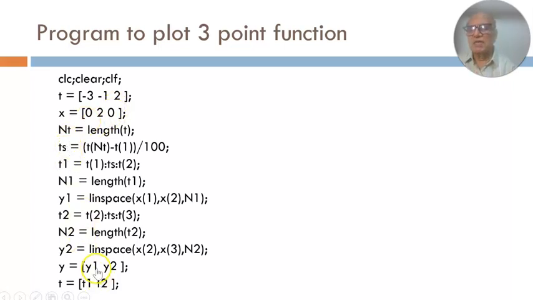So that is why you find that although you have 3 points here, the number of arrays for y will be 2. Entire y of course is a single array, but it's obtained by concatenating y1 and y2, and t is obtained by concatenating t1, t2. Concatenation means simply place this array after this array. That is what it means.